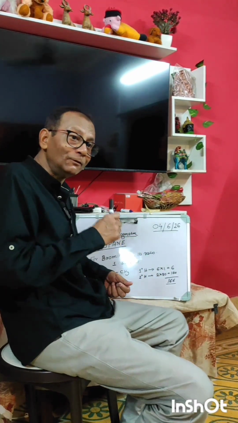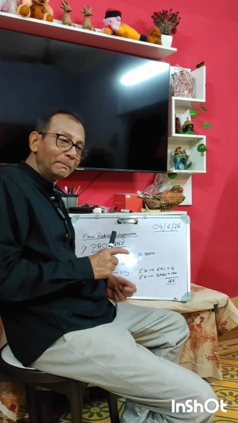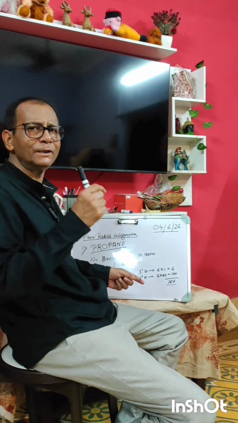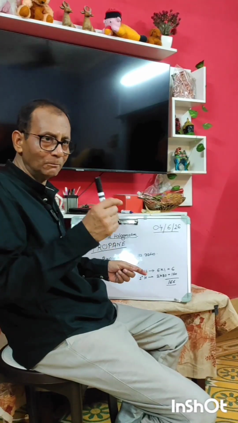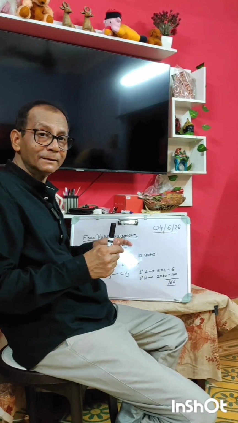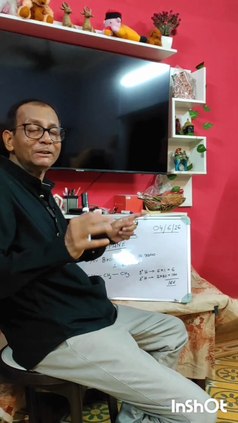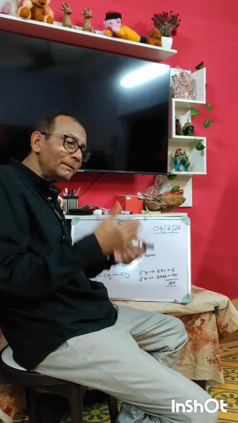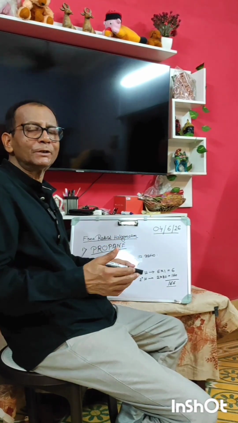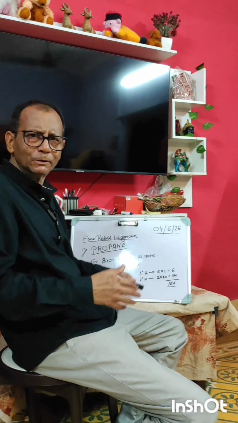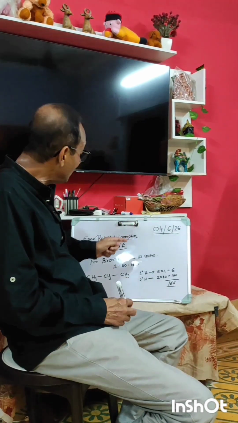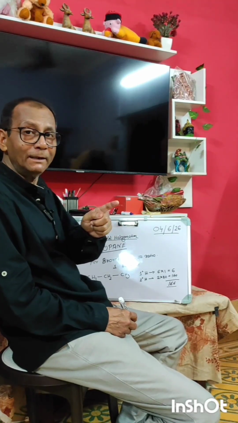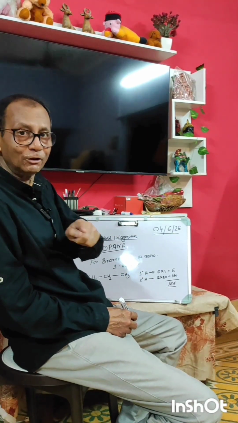Now, see the difference. Why does this happen? Because bromine is a very specific substituting molecule, whereas chlorine is non-specific. It reacts very fast. It is exothermic in nature and substitutes almost all possible hydrogens. But bromine will select first the most stable, that is 2 degree hydrogen.